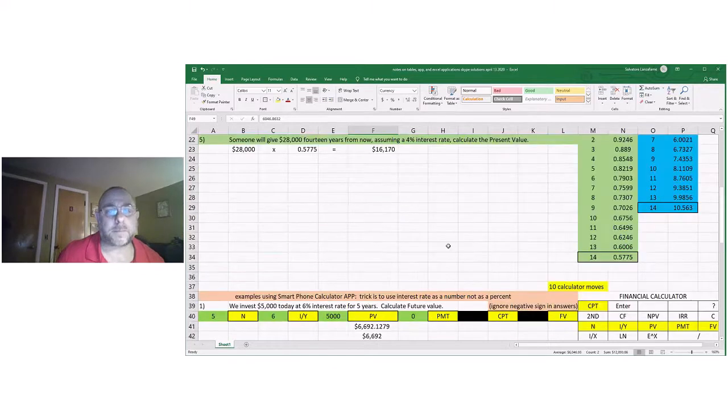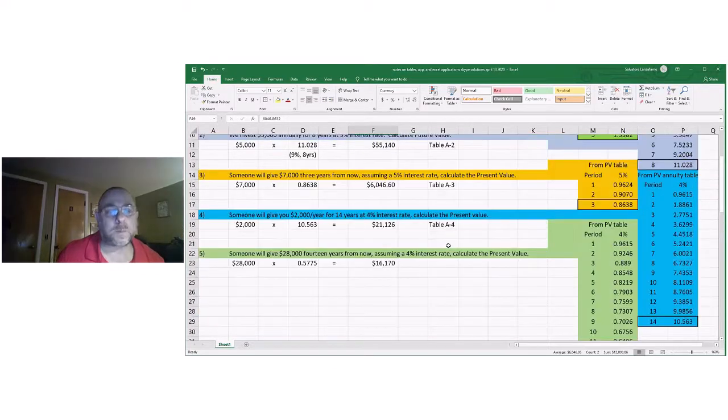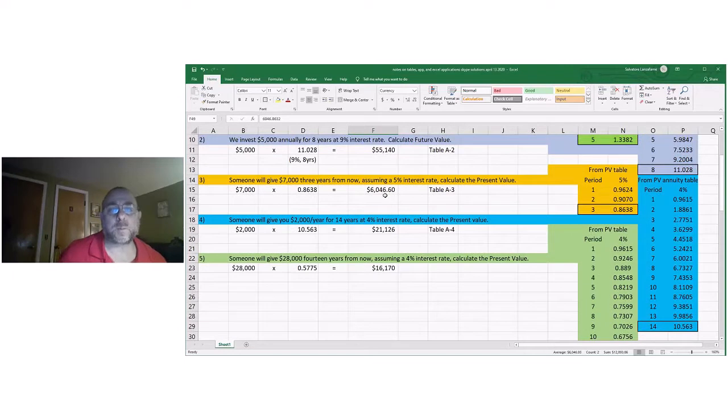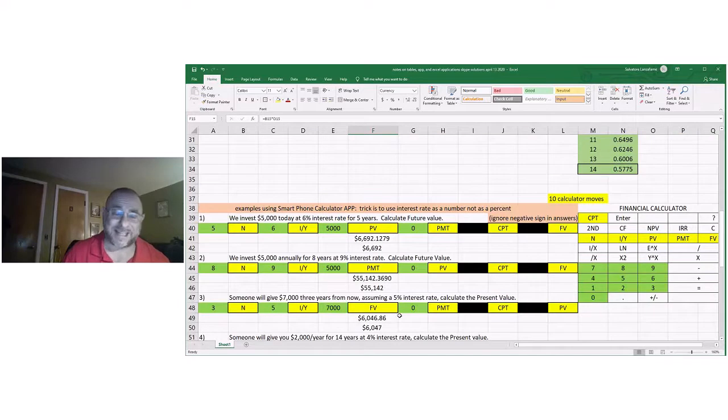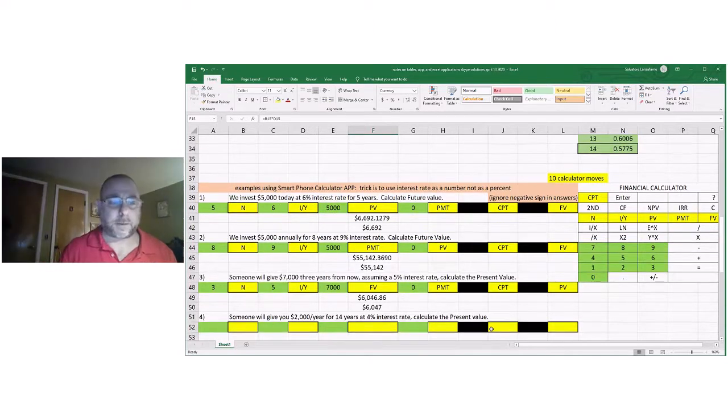What did we get up top? $6,046.60. And this time we got $6,046.86, so we're pretty close. Notice this was only 3 years, so the disparity between the table and the app is going to be very small. The more years that are involved, the greater the disparity in answers.